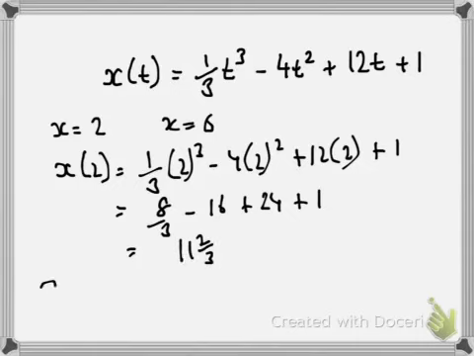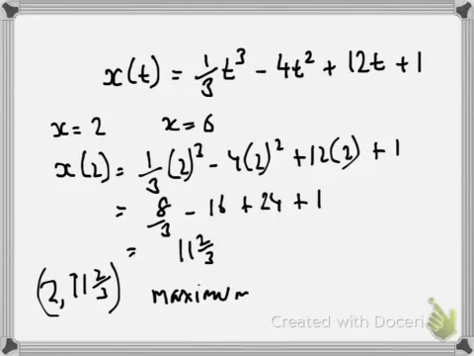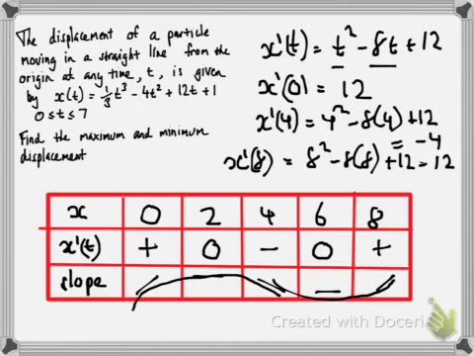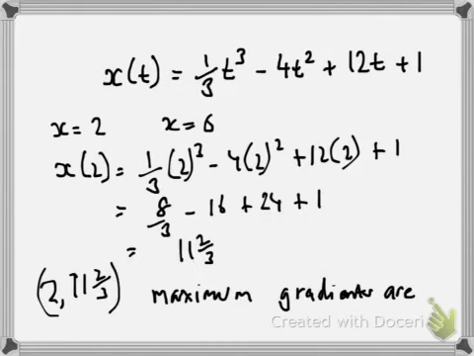So 2 comma 11 and 2/3. That's a maximum. Gradients are, if we look back here, positive 0 negative. Okay, now we need to put 6 back into the original.